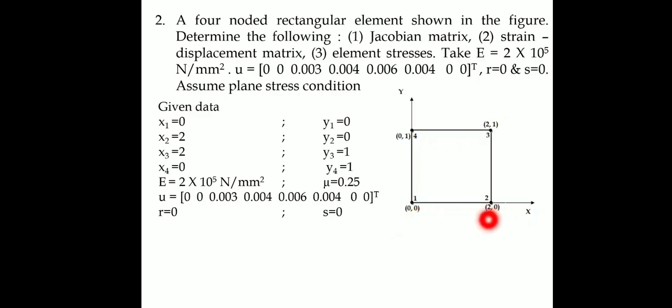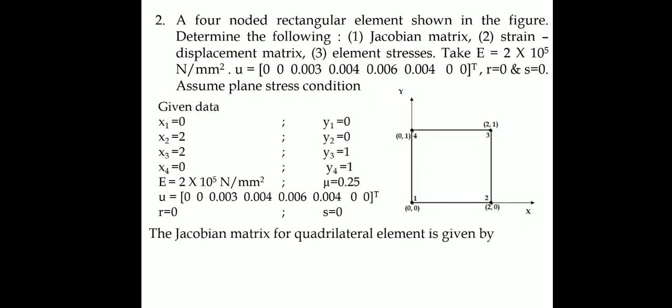At node 2, x2 equal to 2, y2 equal to 0. At node 3, x3 equal to 2, y3 equal to 1. At node 4, x4 equal to 0, y4 equal to 1, and all other given terms can be written here. We have assumed mu is equal to 0.25. If it is given in the question you can take it directly, but here it's not given, so mu is taken as 0.25.